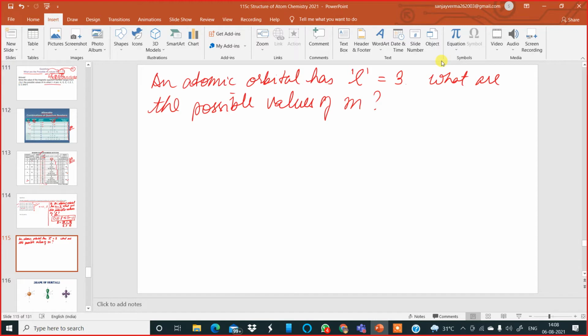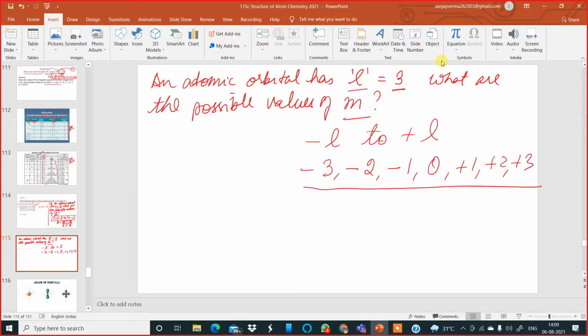We know m is dependent upon the values of l, and l is given, it is 3. So what are the possible values of m? From minus l to plus l. So you start from minus 3, minus 2, minus 1, 0, plus 1, plus 2, and plus 3.